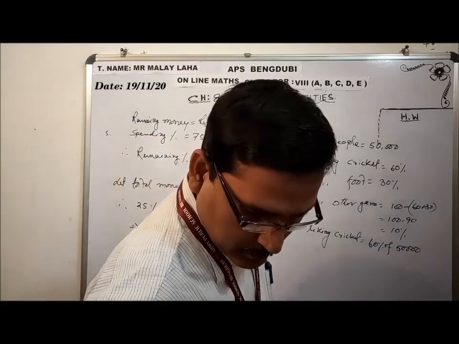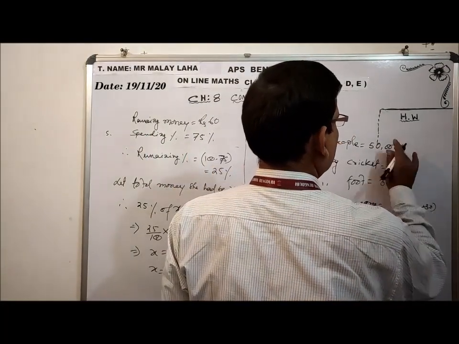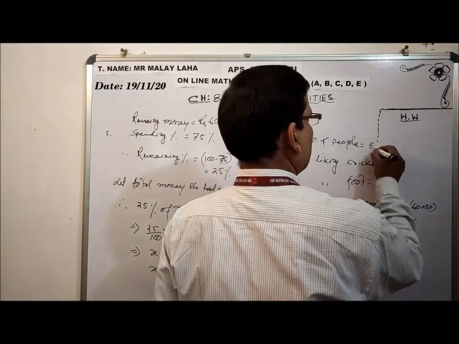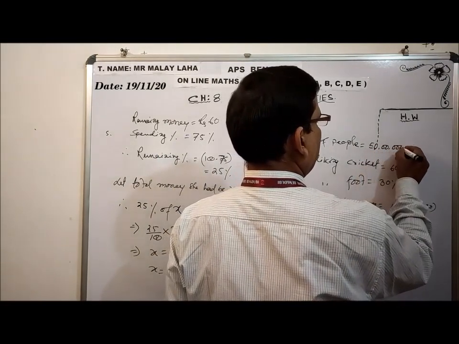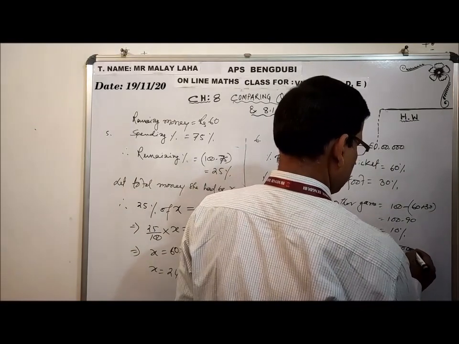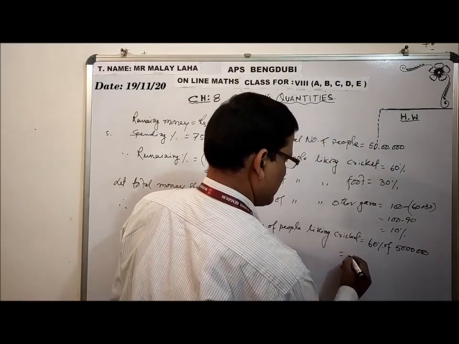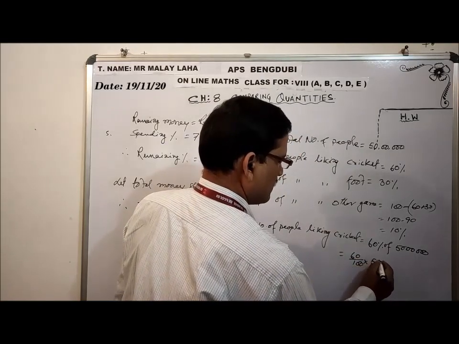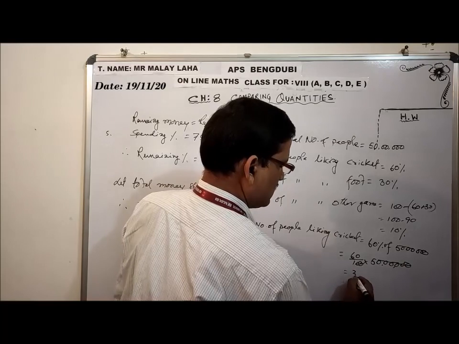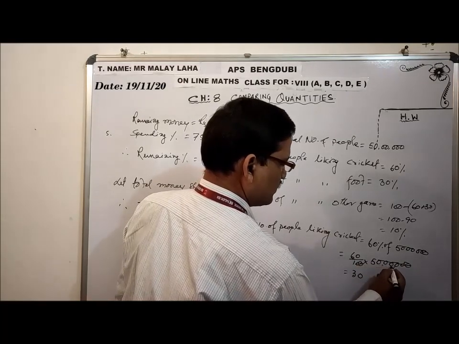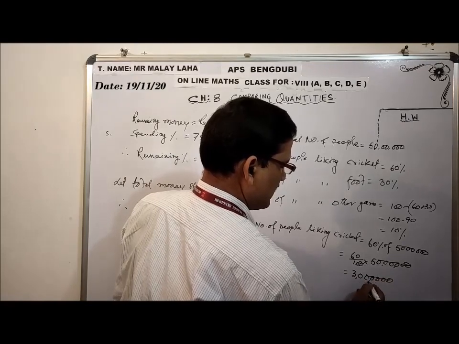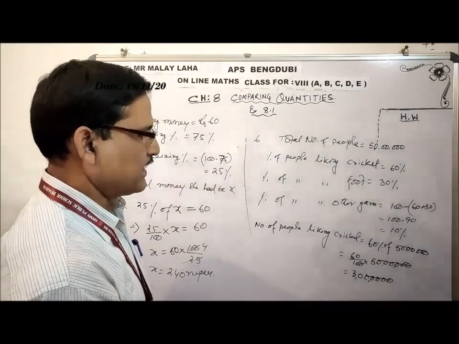So 60 upon 100 into 50 lakh. The zeros cancel, 5 sixes are 30. Count the zeros: 1, 2, 3, 4, 5. That means 30 lakh people like cricket.